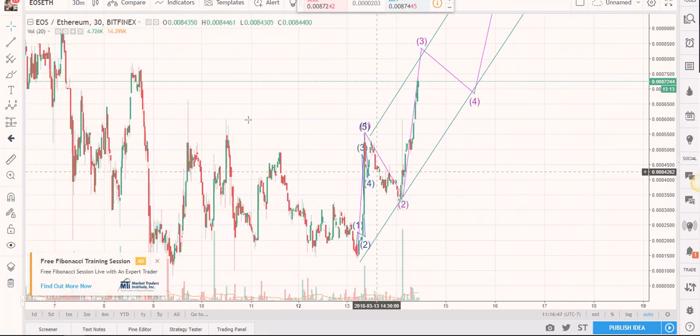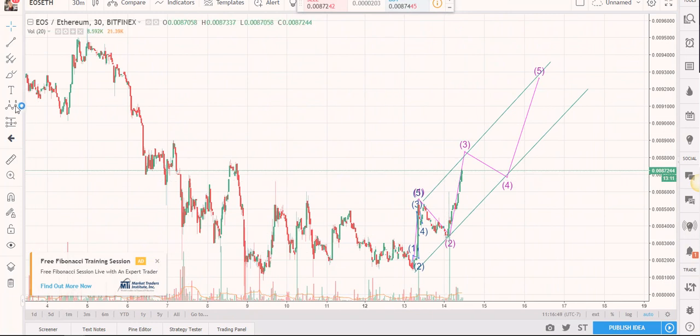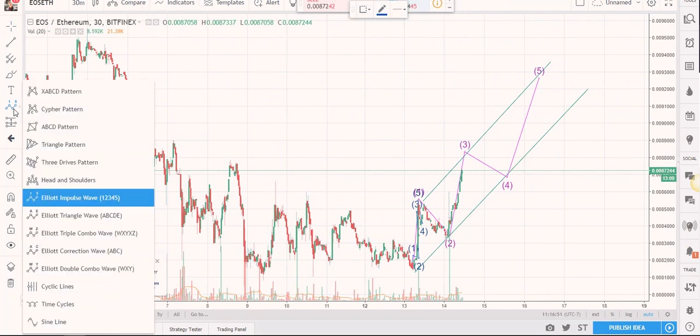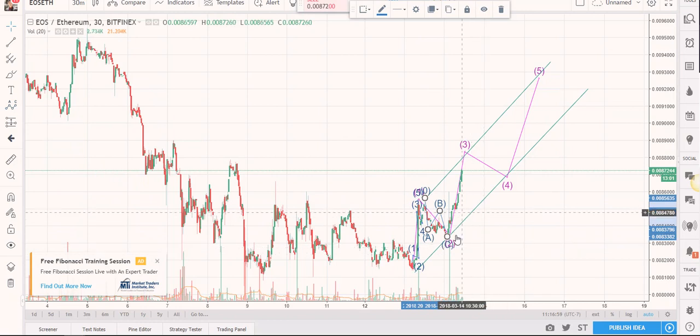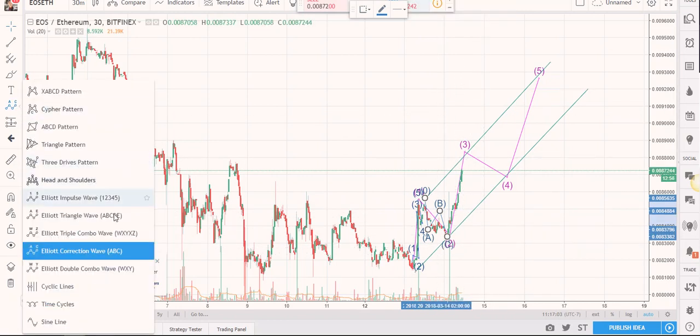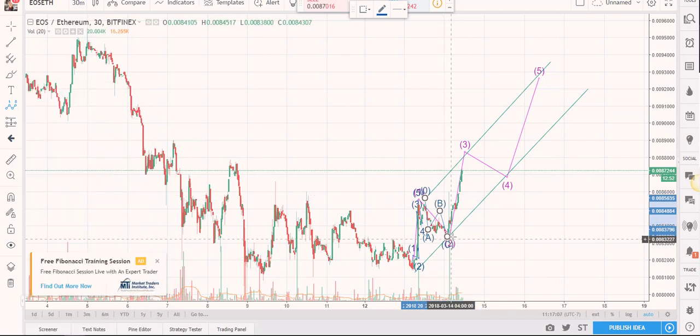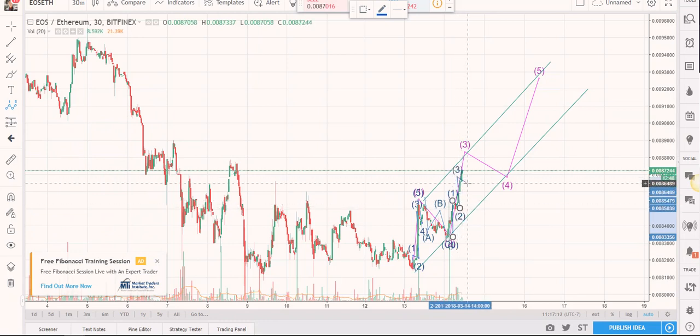So there it is. And then on the correction wave, there's usually 3 waves that come down. Right here. A, B, C. And then this is also 5 going up. 1, 2, 3, 4, and then 5.